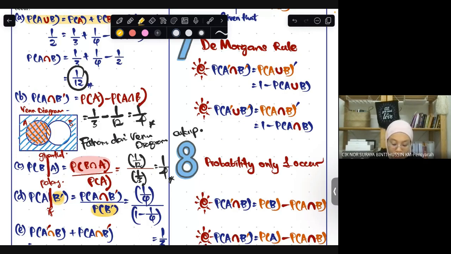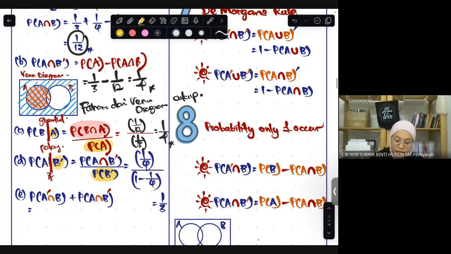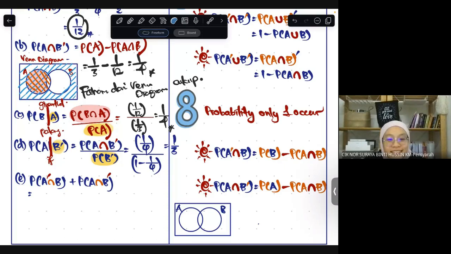Bahagian bawah ni, denominator ni mestilah bahagian yang telah pun terjadi. It is called the conditional probability formula. We must memorize it. And so if you have done this, you will get a value of 1 over 3. Setuju ataupun tidak setuju? Give a thumbs up if you got the same as mine. Okay, setuju ya, 1/3, thank you.